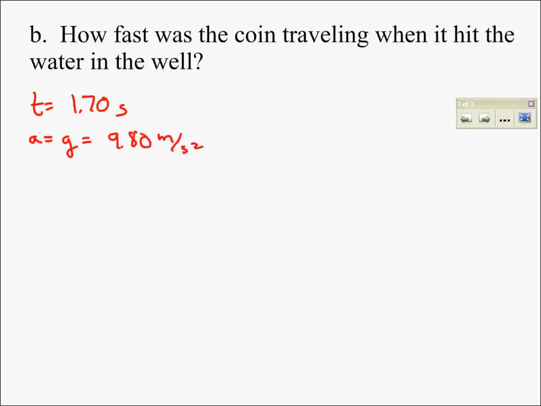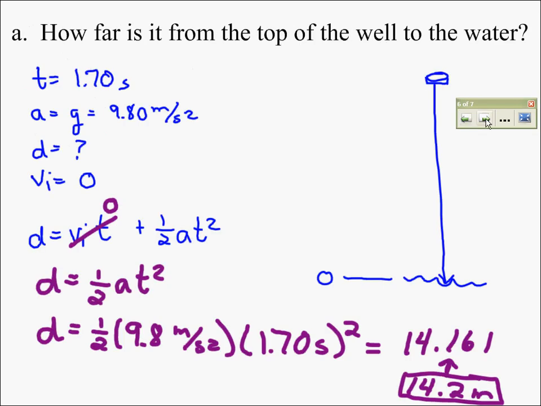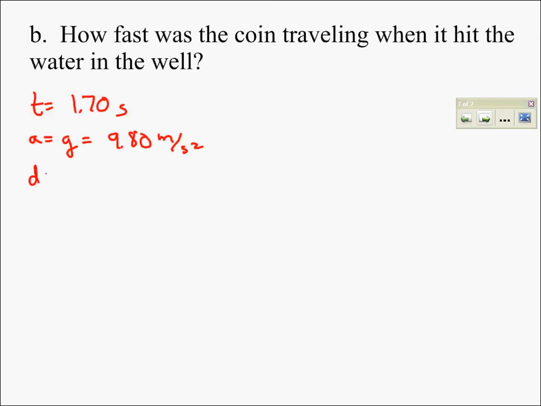We also know the distance to the well is 14.2 meters. We know that VI is 0. We're trying to find its velocity at that split second before it hits the water. So she's dropped it, and we want to know VF right before impact.